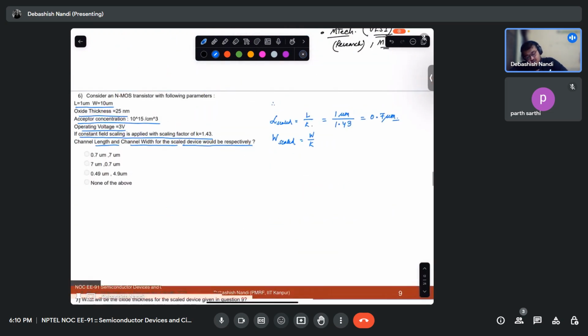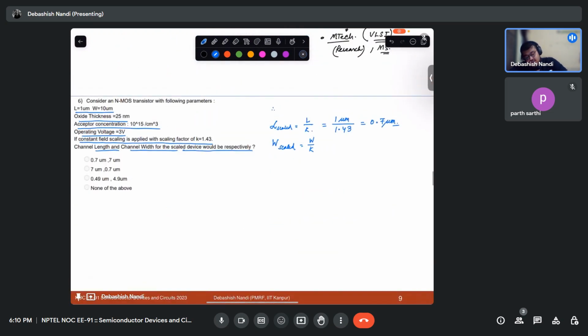So your W scaled would be then what? 10 micrometer over 1.43. That is your 7 micrometer. So 0.7 micrometer and 7 micrometer. This would be your right answer.